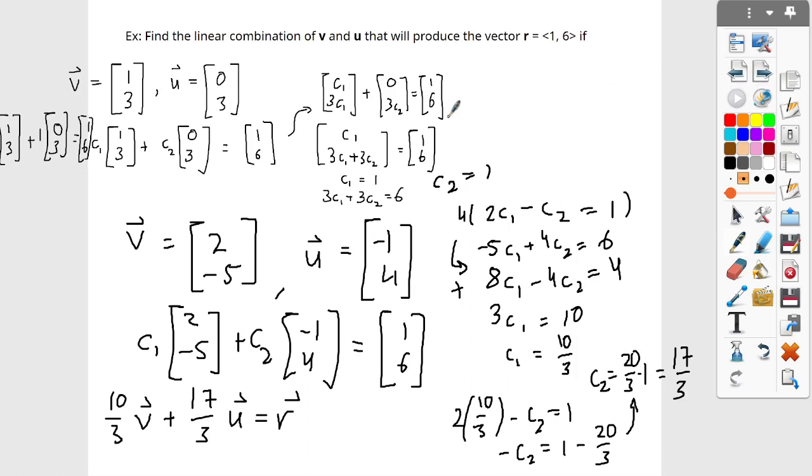Now I kind of want you to think about this. What we've been doing is a little bit arbitrary. So I want you to think how this could be represented on the coordinate plane. What does this mean?